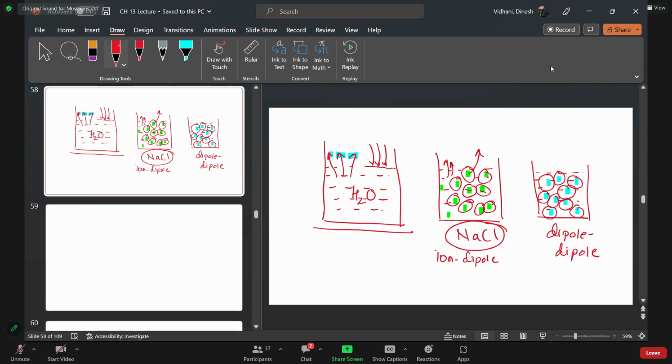But then that will always be lower than the pure solvent. Pure solvent will always have the highest vapor pressure. Keep in mind, I will repeat one more time. Pure solvent will always have higher vapor pressure than the solution. The solution will always have lower vapor pressure.